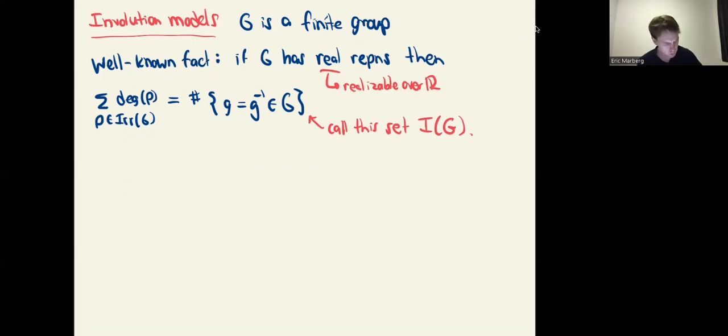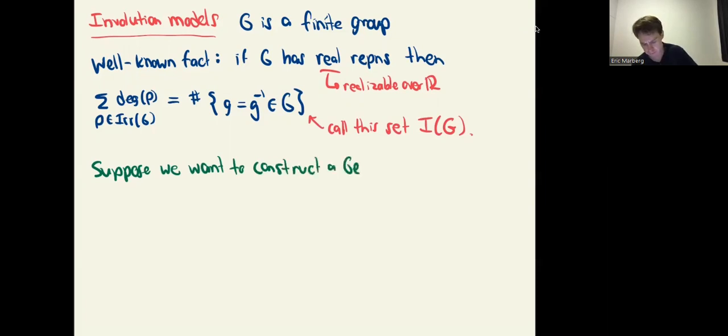So suppose we want to construct some Gelfand model for this kind of group. Meaning a group G that has all real representations that satisfies this identity that I just wrote down.